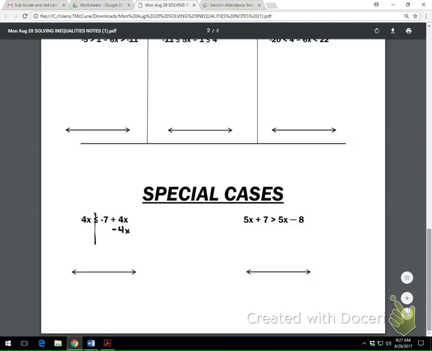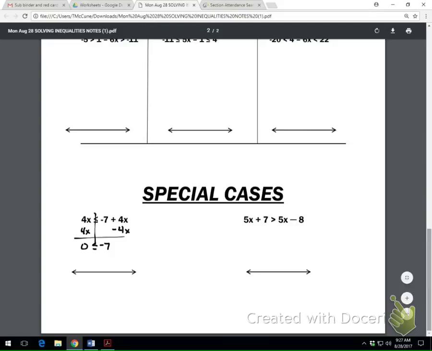Subtract 4x. So I get 0, because they cancel out, right? Is less than or equal to negative 7. Well, is 0 less than or equal to negative 7? Yeah. Well, it's not equal to, but it's less than.